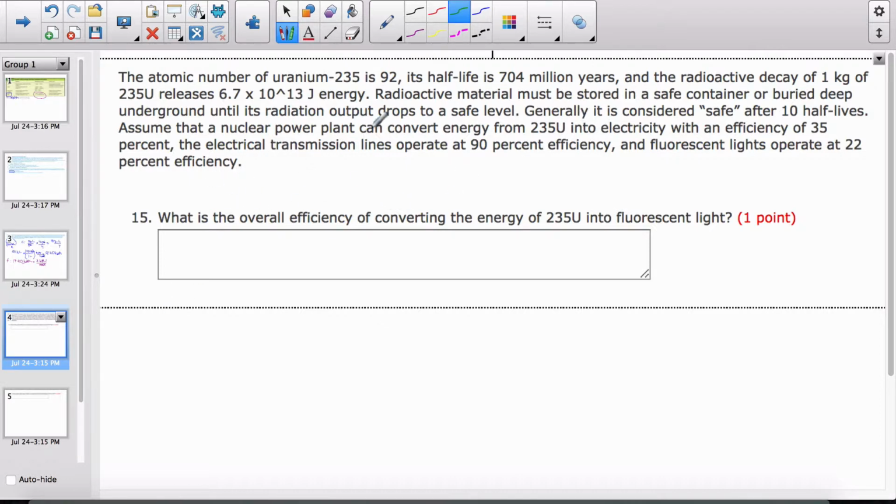So I'm going to say, where did it start right here? The actual decay from this pile of atoms has a 35% efficiency. So let's say the nuclear power, the power plant. Oh, by the way, always convert these percentages into decimals. 35% efficiency.